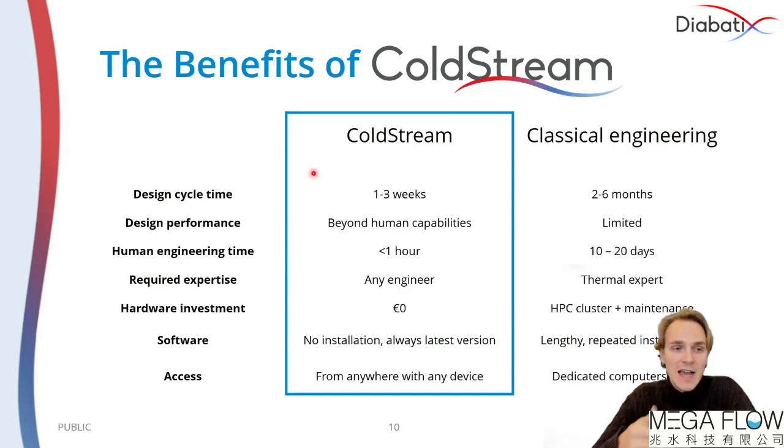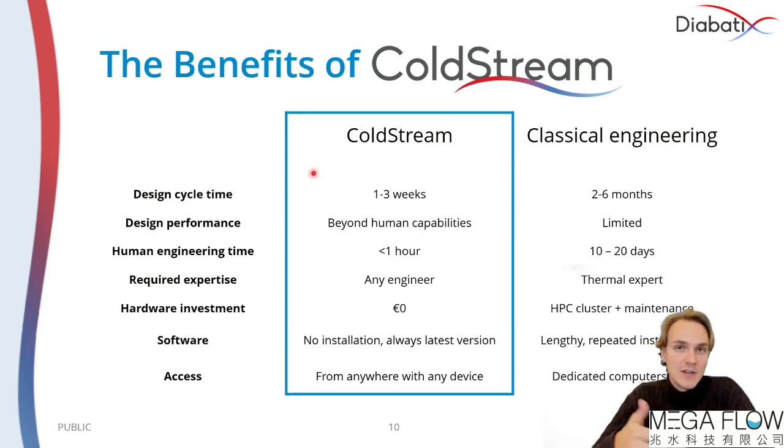Of course, the design performance can be beyond anything a human could draw themselves. And for this plate, all the performance requirements that were necessary for temperature and pressure were met. And you don't really need to be a thermal expert to be able to use a generative design tool.